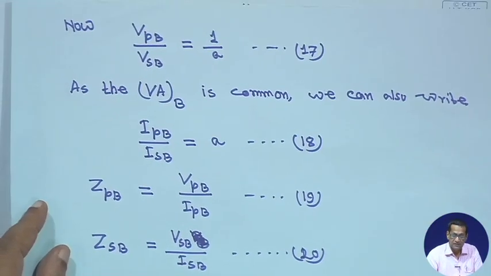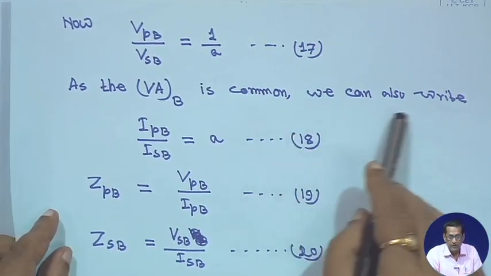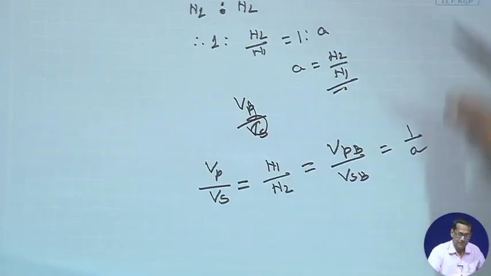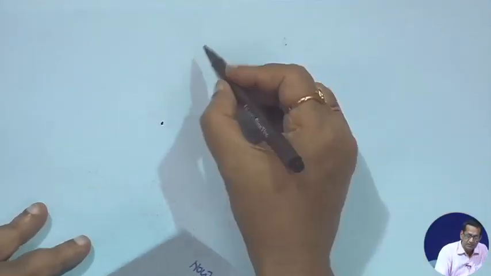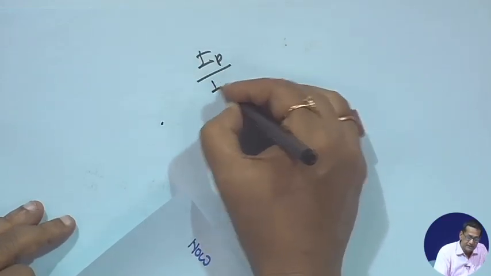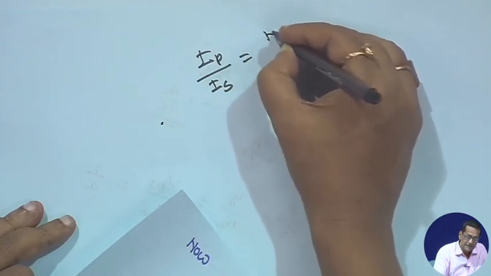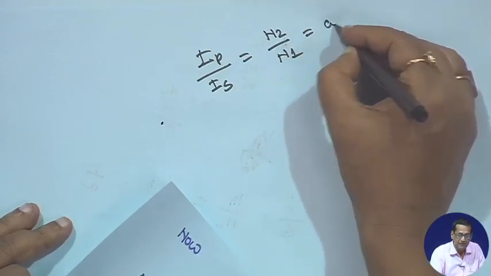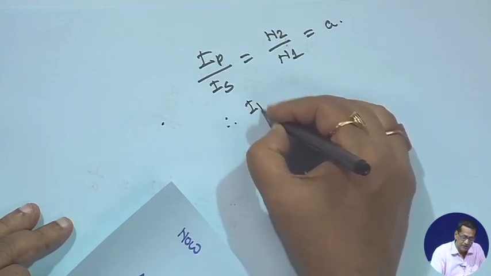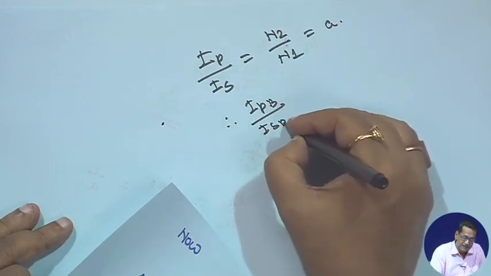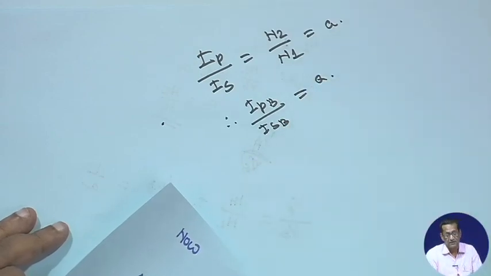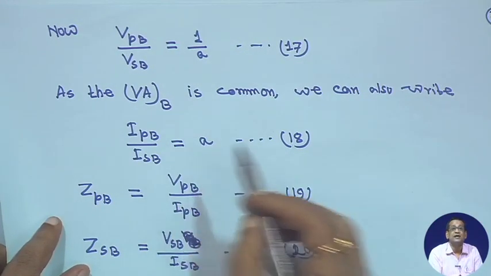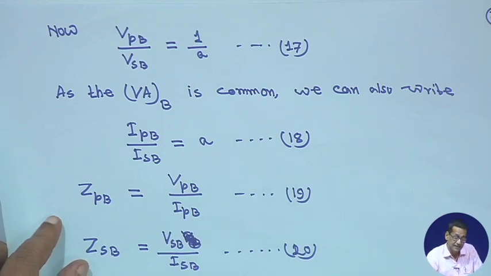Therefore, as the volt ampere base is common, we can also write IPB by ISB is equal to A. If the primary side current is IP and the secondary side current is IS, that is N2 upon N1, which we have seen is equal to A. Therefore, the primary side base current by secondary side base current is equal to A. This is equation 18.